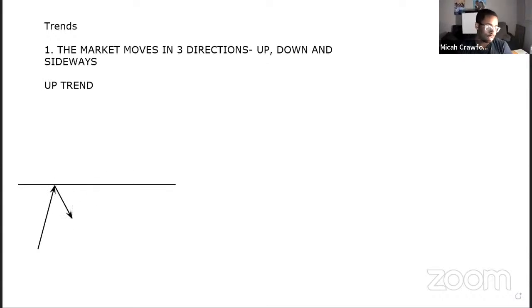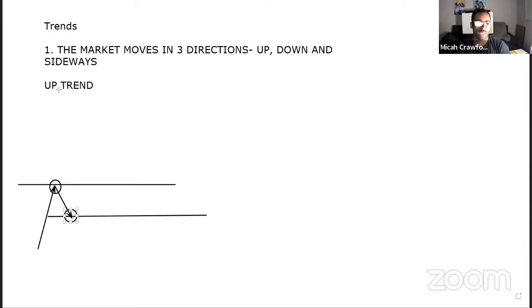So at this point here, we have a mini resistance level. Down here, we have a minor support level as well. Now, again, we're talking about trends.